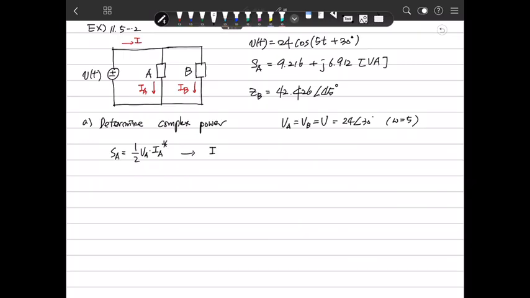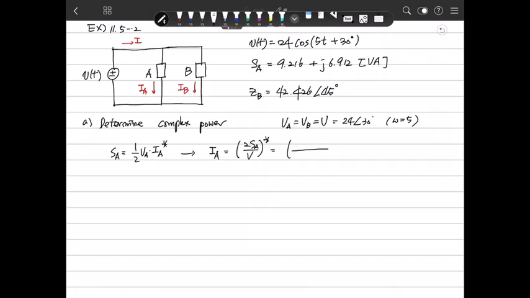So IA is 2SA divided by the V conjugate.